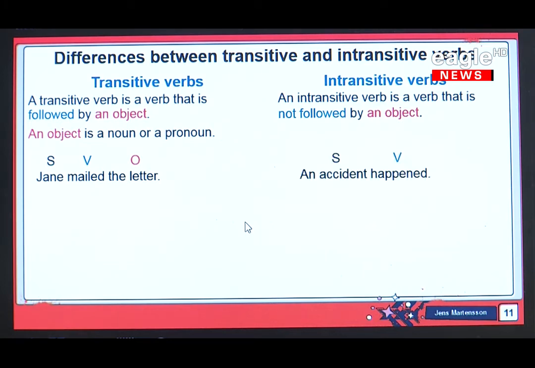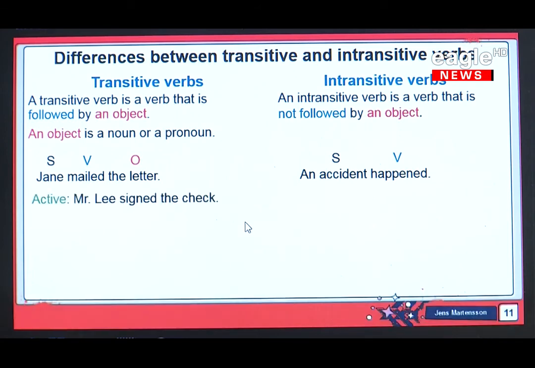Now let's see an example. An accident happened. An accident equals subject, happened equals verb. Happened is an intransitive verb because it hasn't got an object.